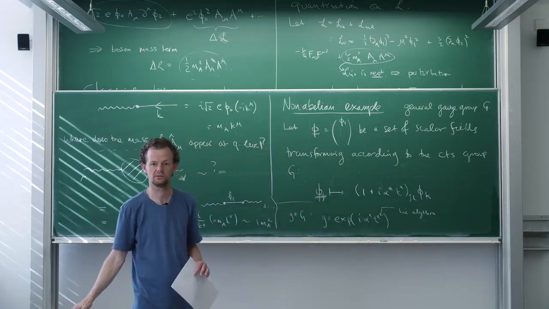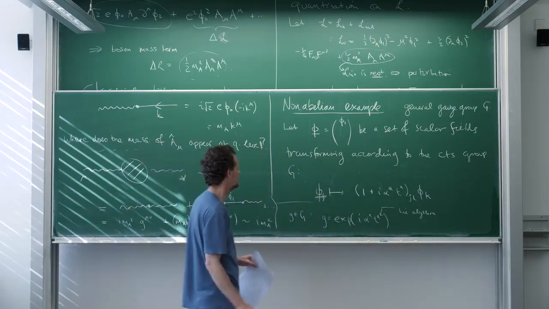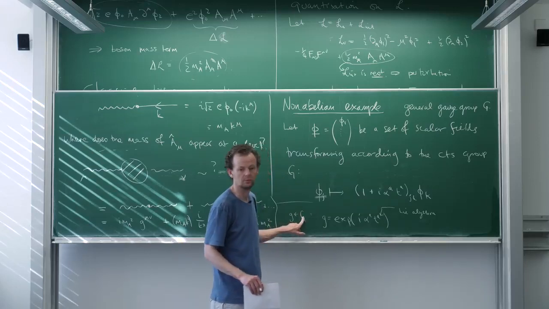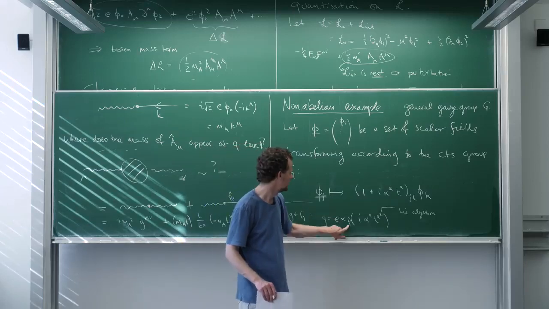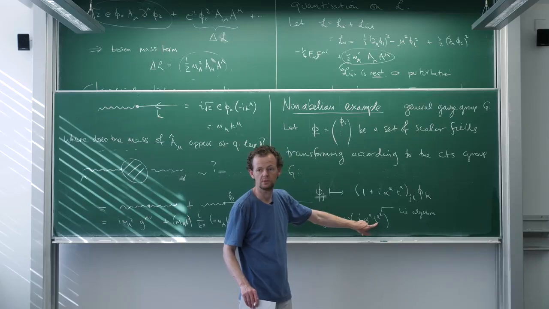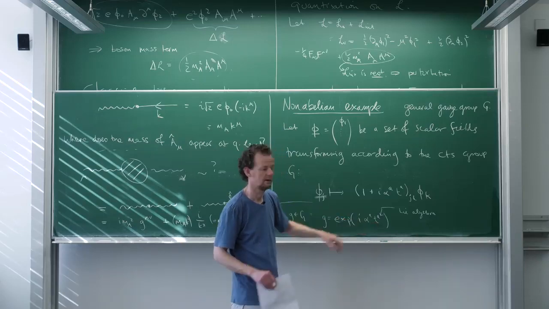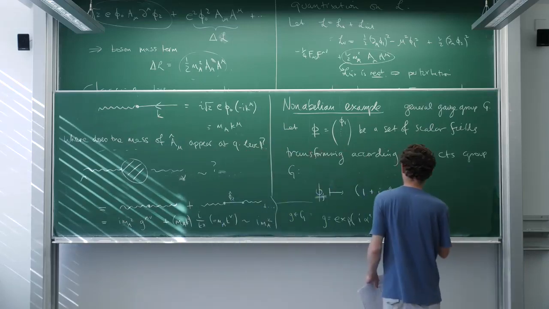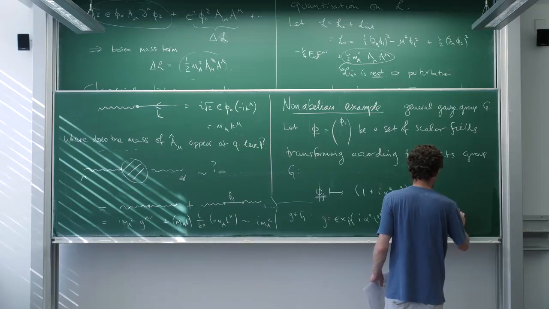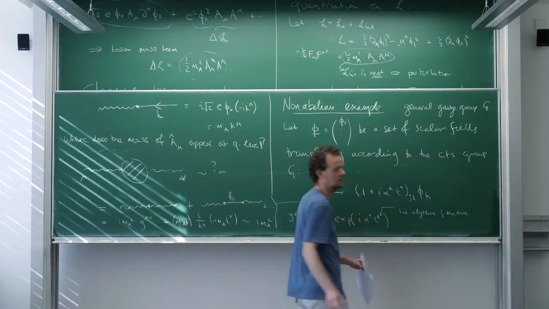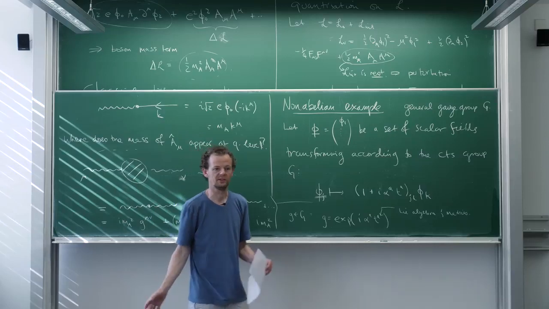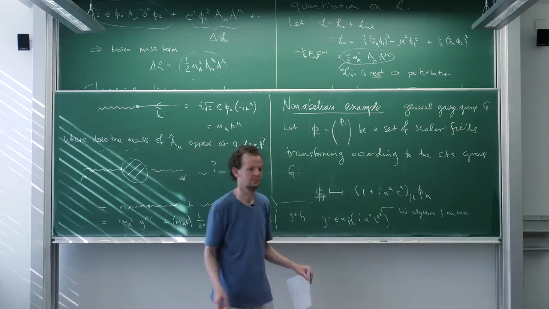This is something we've seen several times throughout quantum field theory, that you can always express an element of a group as the exponential of something in the Lie algebra of the group. And these are matrices, and depending on the representation, they may be bigger or smaller matrices.